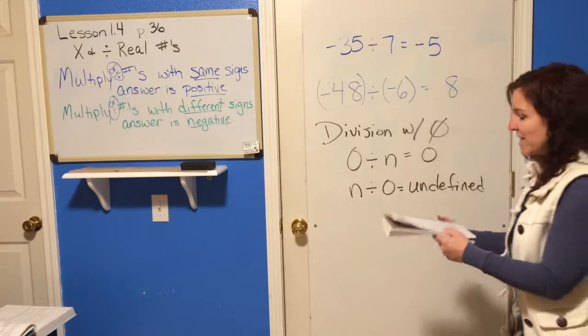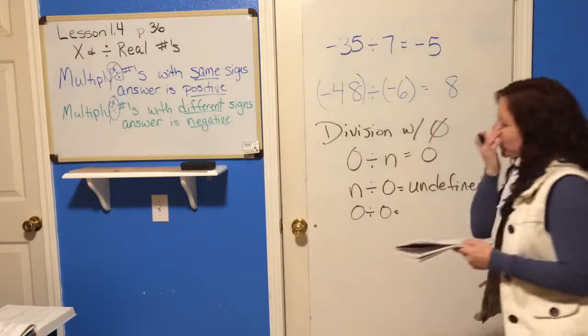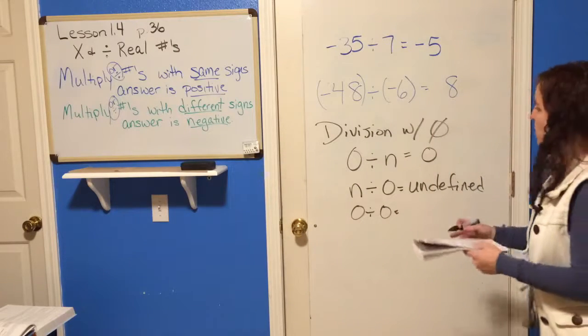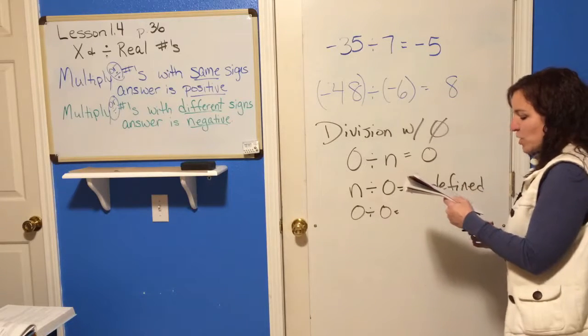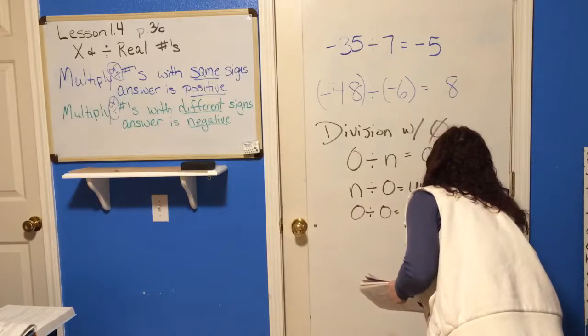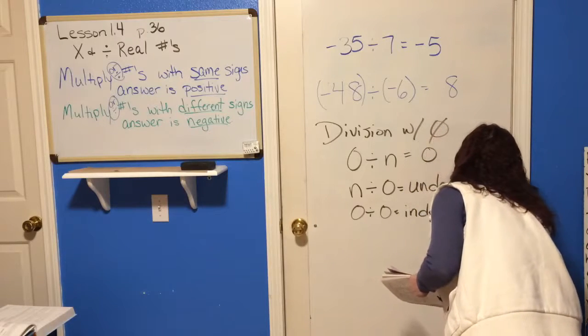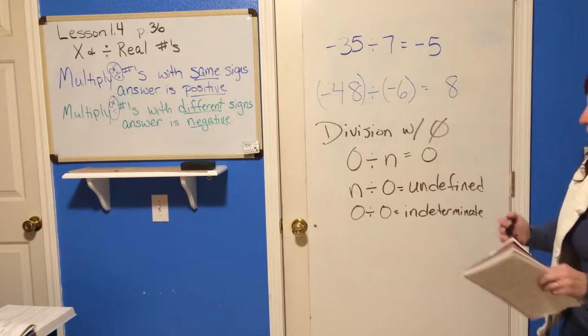All right? And then 0 divided by 0. If you take 0 and divide it by 0, it's not 0, but it's not undefined. The answer is going to be indeterminate, which means you can't figure it out, but it's not undefined.